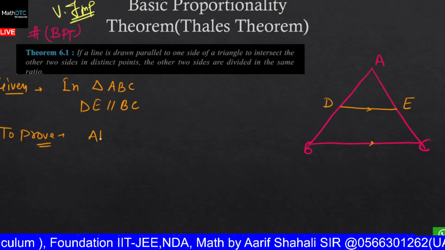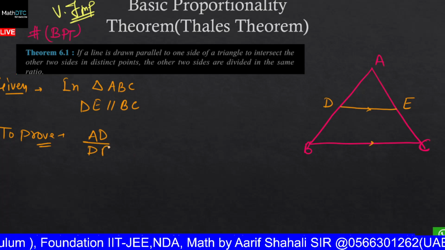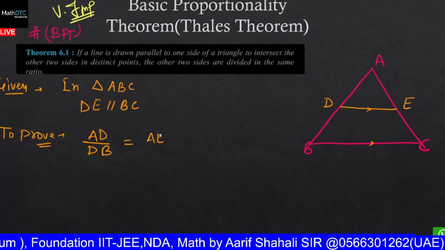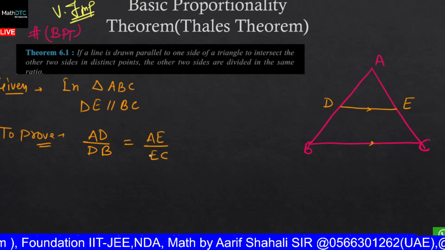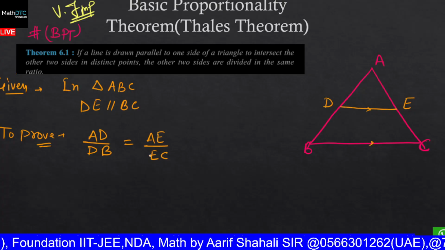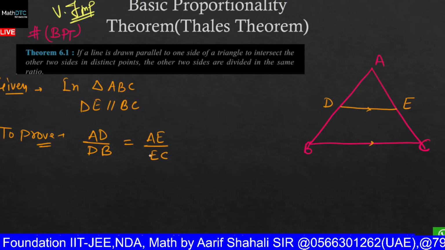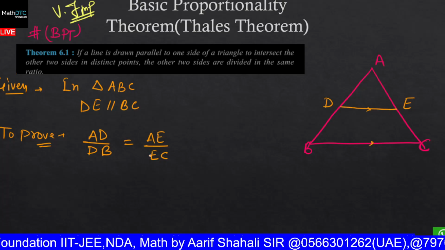To prove: AD over DB is equal to AE over EC. We need to prove this.